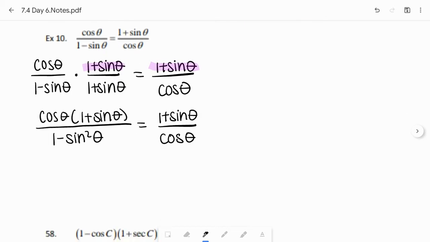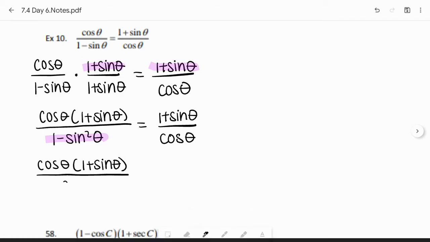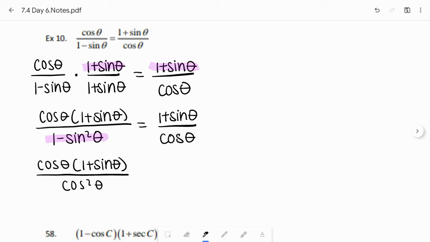Okay, now from our identities that we wrote down yesterday, 1 minus sine squared of theta does equal cosine squared theta. So I have cosine theta times 1 plus sine theta over cosine squared theta is equal to 1 plus sine theta over cosine theta.